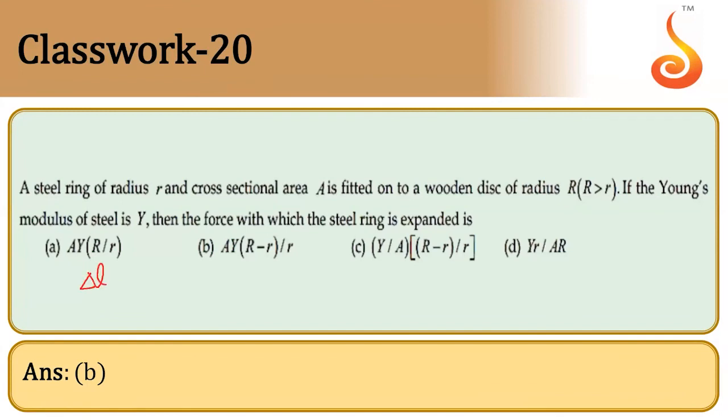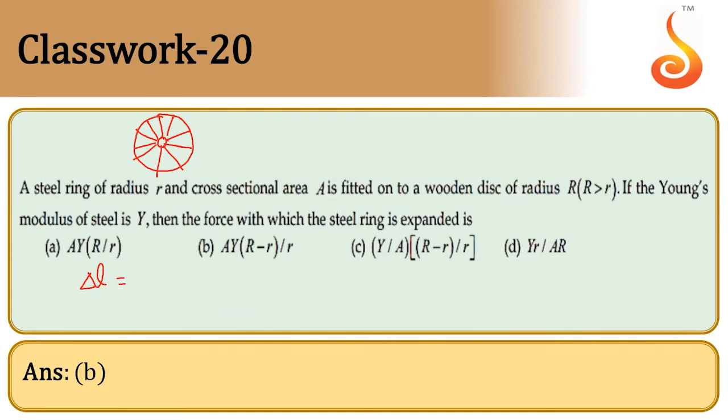So when you heat the ring, this is the wooden wheel. Generally in the olden days, we used to see wooden wheels, and on the top of wooden wheels they put an iron ring.